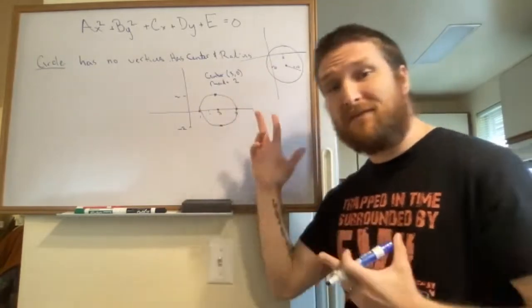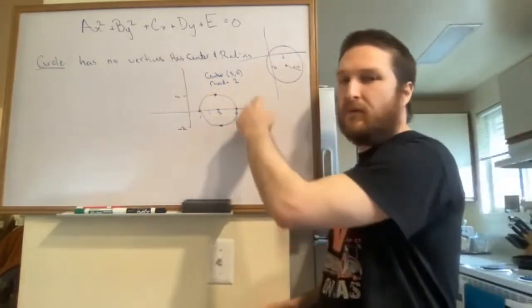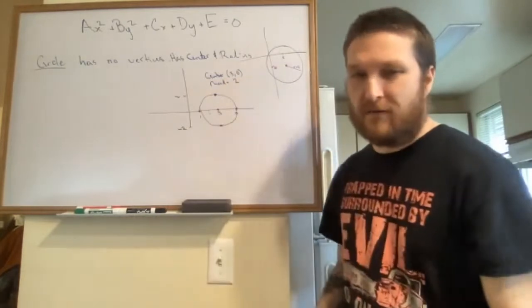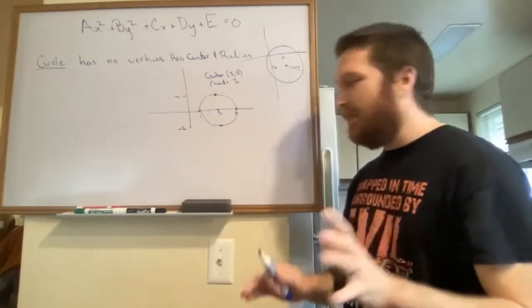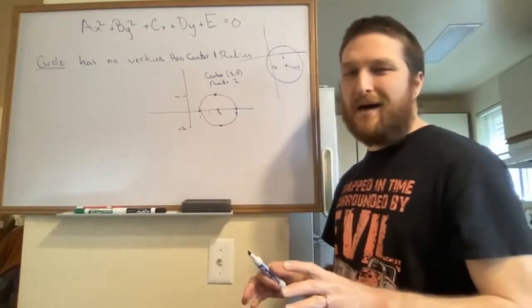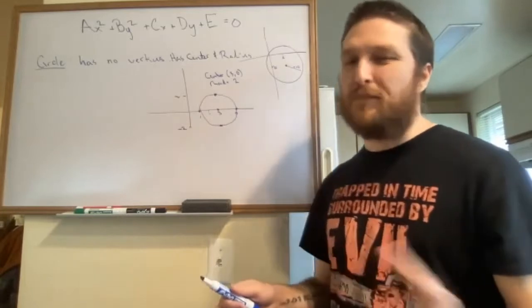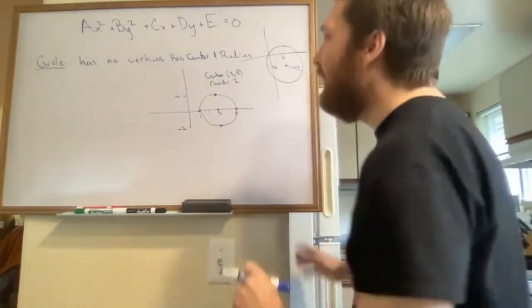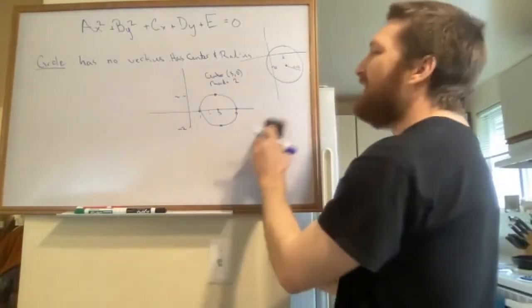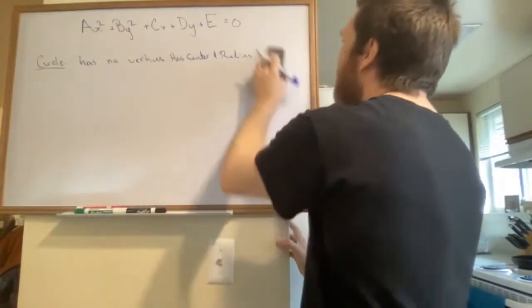But in the context of this problem, when it says to label the vertices, we're not talking about this right here. A circle technically has no vertices. So I'm just trying to avoid possible misunderstandings that have to do with stupid technicalities. Okay, but so that's the deal with the circle.